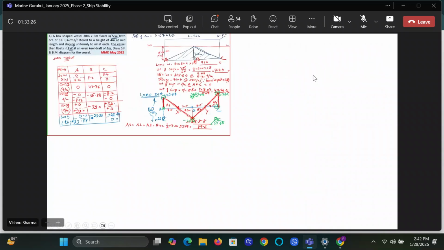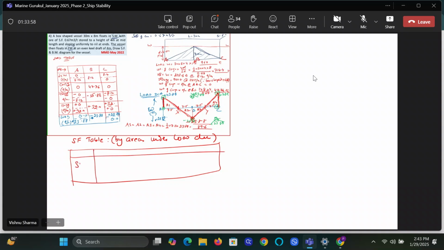Okay. Here we go. Now we'll make the SF table for the 5 points, by areas under load diagram. And we make it for 5 points, guys.